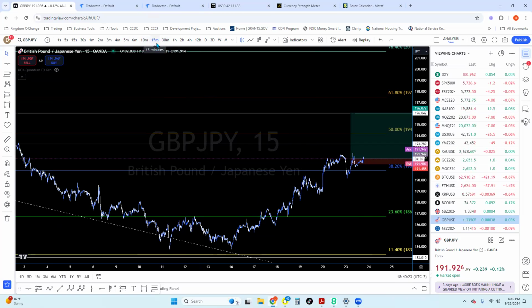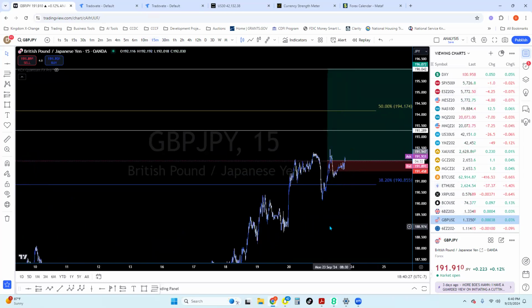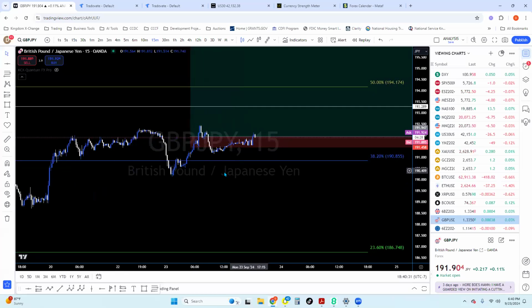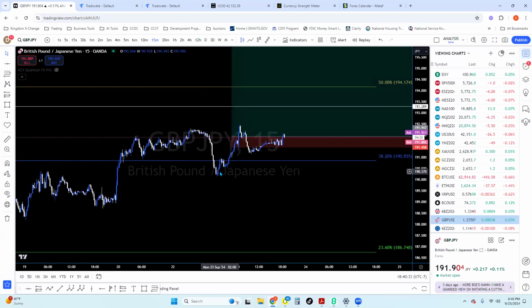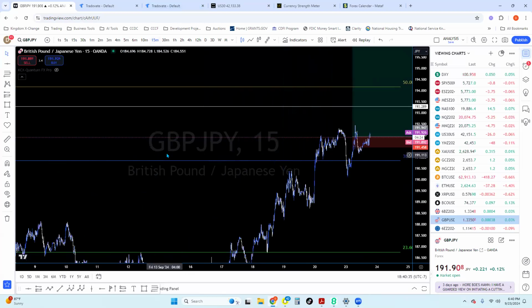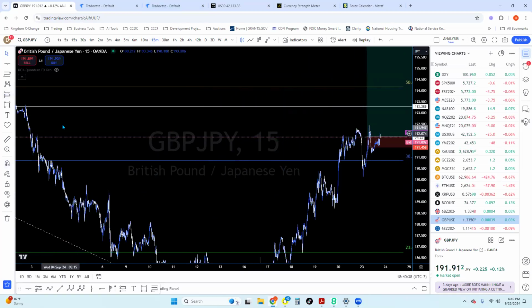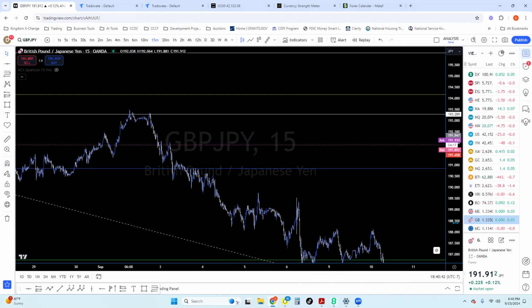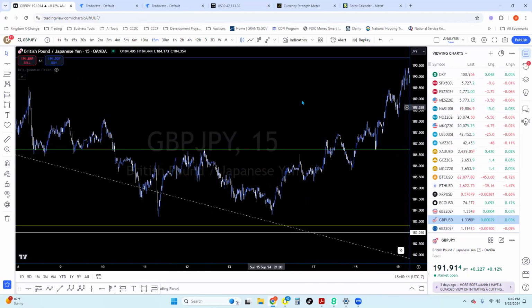So I call it a scalp, but it's not a scalp that I'm literally scalping. It's just in terms of the time frame that you're doing your analysis on. Because if you're looking at the 15-minute, I'm not looking at all of this stuff back here. I'm only looking at the last swing high to low.